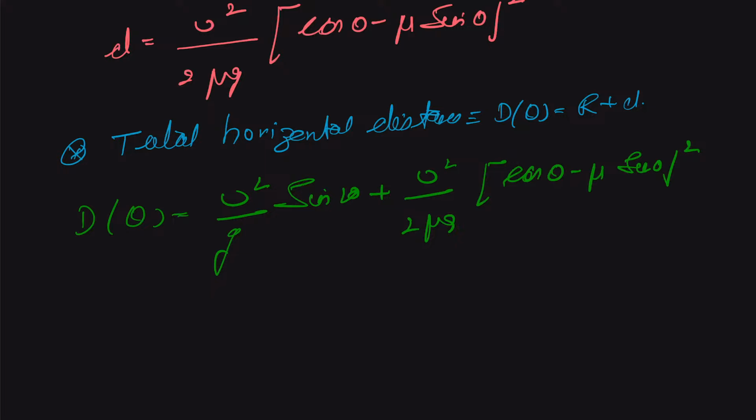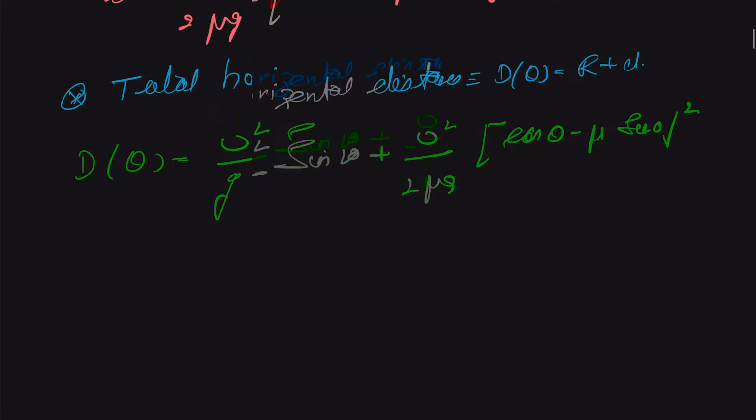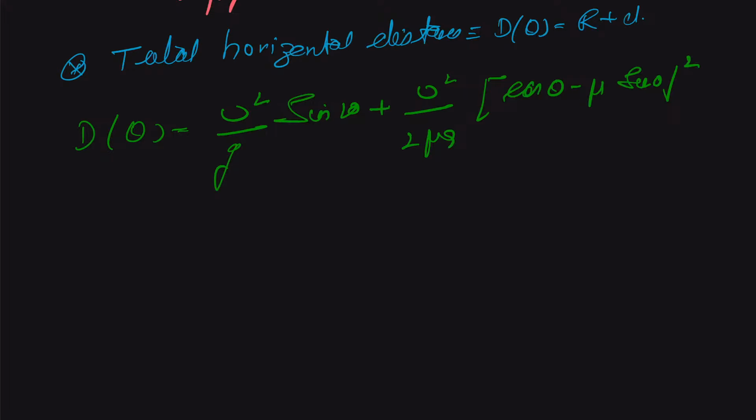And this is our D of theta, total horizontal distance, and we have to maximize it. Okay, therefore, you can say maximization. Here V squared by g we can take as common.